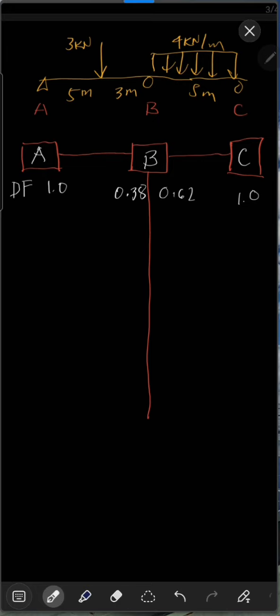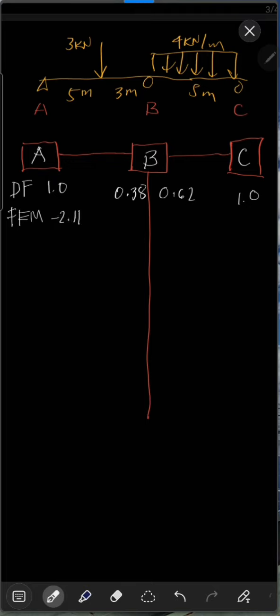Okay, so next is to compute and put the fixed end moments to balance this. There is no unbalanced moment yet, since you haven't distributed. So you have a negative 2.11.